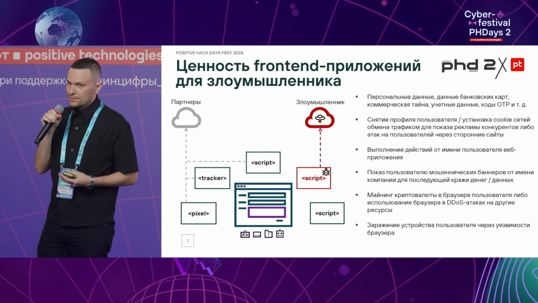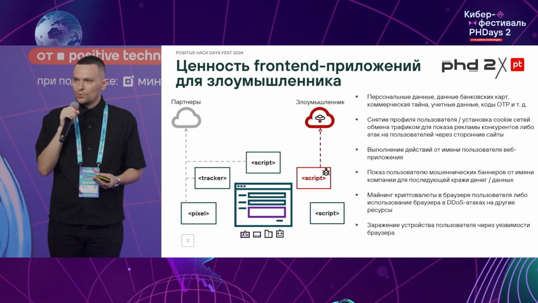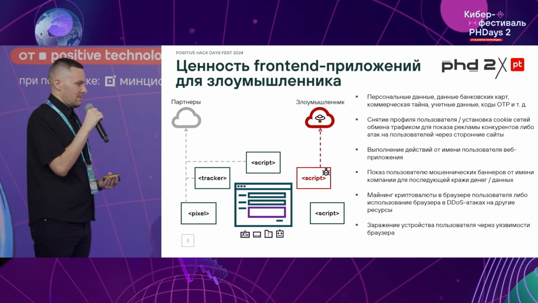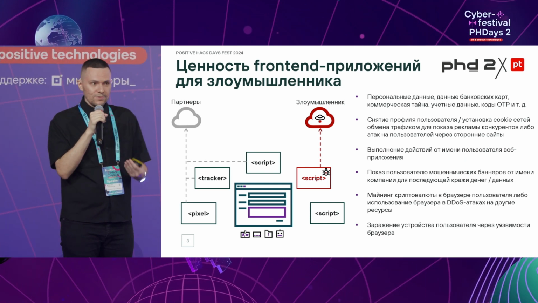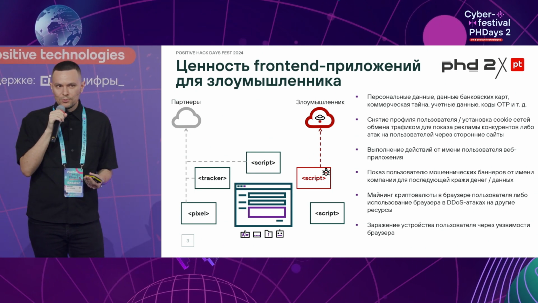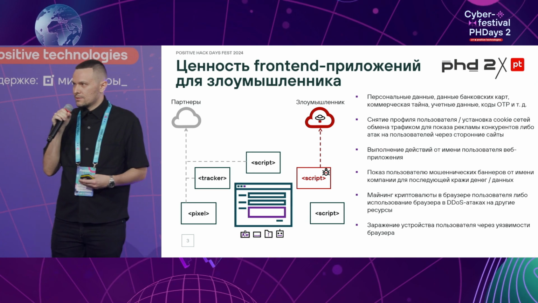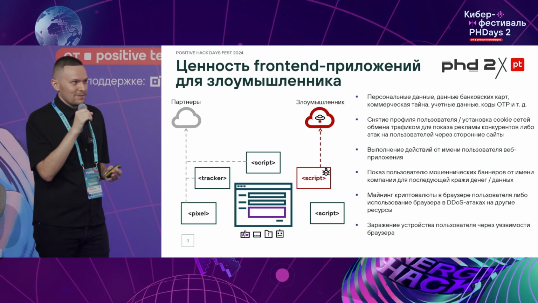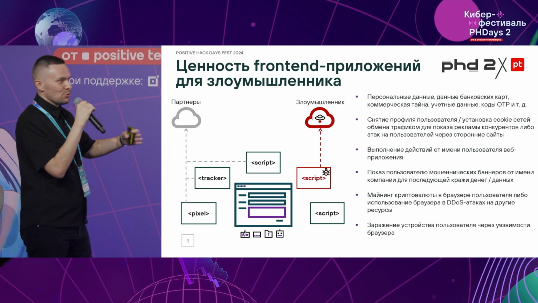Second, user profile. This is somewhat similar to personal data. I believe it's known to everyone that in a number of countries, including Russia, cookie files, a certain unique identifier which marks the user's browser, is considered to be personal data. How can attackers possibly use these next?